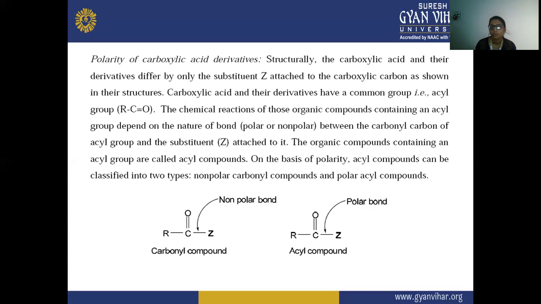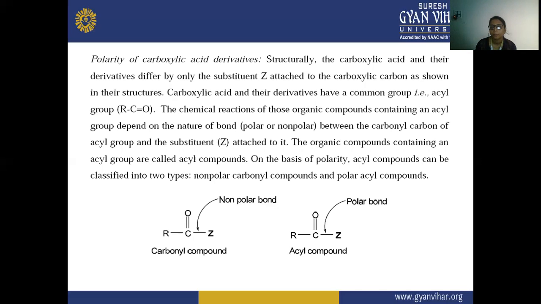This acyl group is attached to different substituents. So what is the nature of the bond between this acyl group and this substituent? Here, between the carbonyl carbon of the acyl group and the substituent attached to it, the nature of the bond can be a non-polar bond and also a polar bond.